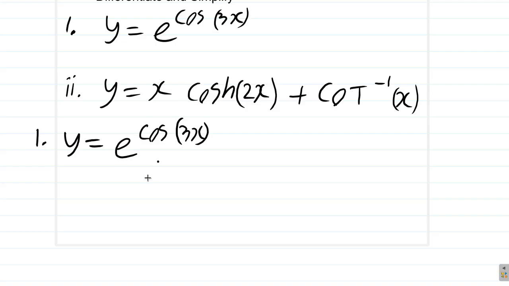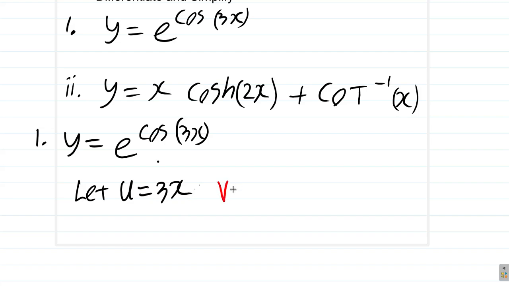Now, I know that if you have been practicing using your chain rule, you could do part of this mentally, alright? But we're going to look at the full working. Let's use our substitution. Let u be equal to 3x.